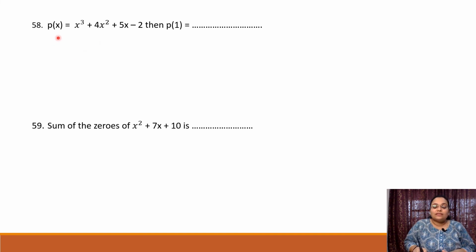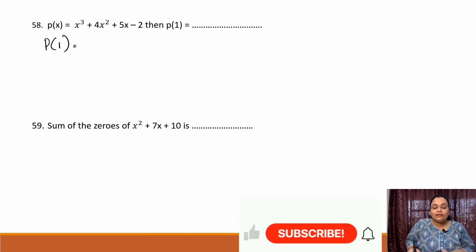The next one is p of x is equal to x cube plus 4x square plus 5x minus 2. Then we need to find the value of p of 1. Now let us put 1 in p of x and find the value of p of 1. So, p of 1 is equal to, let us put 1 in the place of x.